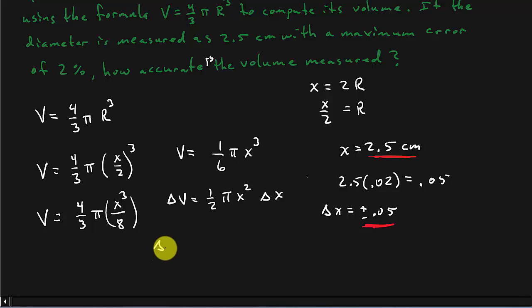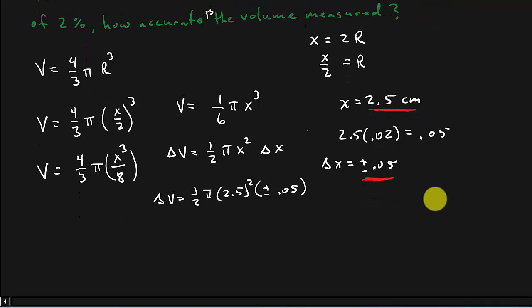So delta V is equal to 1/2 pi times 2.5 squared times plus or minus 0.05. When you plug all of that in, you get plus or minus 0.491, and that's going to be cubic centimeters.